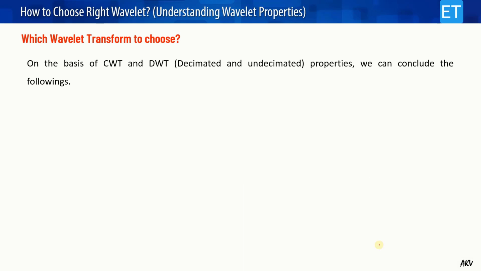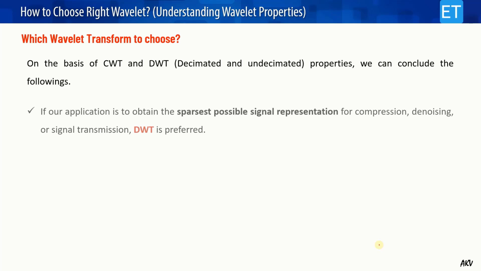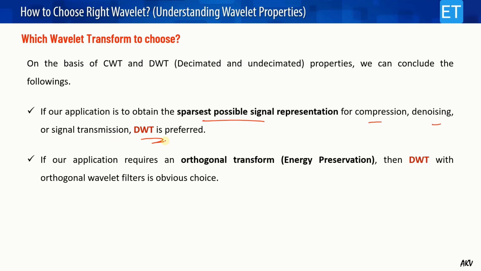So on the basis of these properties, we can conclude the following points. If our application is to obtain the sparsest possible signal representation, such as for compression, denoising, or signal transmission, then DWT is a clear choice. If our application requires an orthogonal transform, I mean energy preservation, then DWT with orthogonal wavelet filters is an obvious choice.